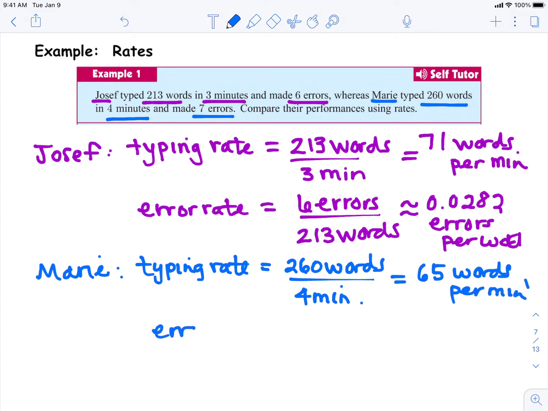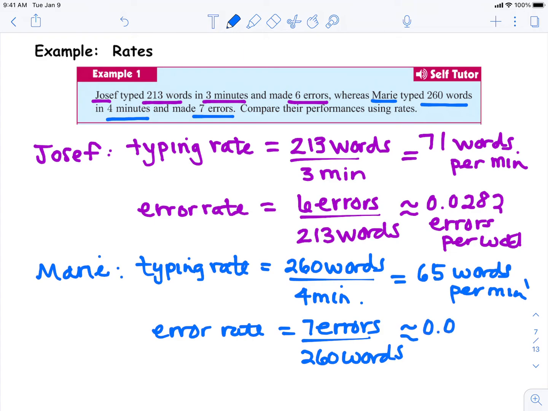And her error rate, she made 7 errors in the 260 words that she typed. Enter that into the calculator. Her error rate was 0.0269 errors per word. Now we want to compare those two.